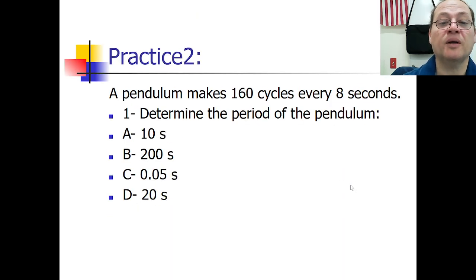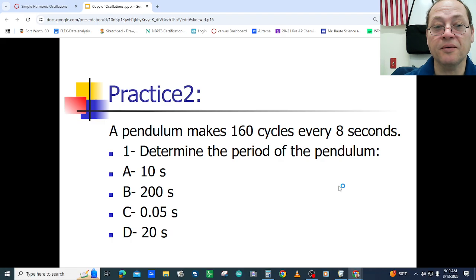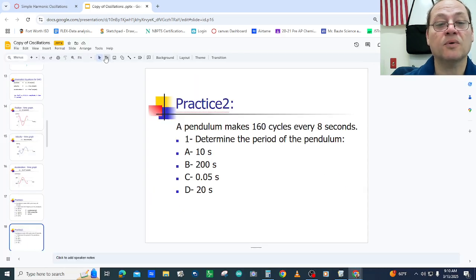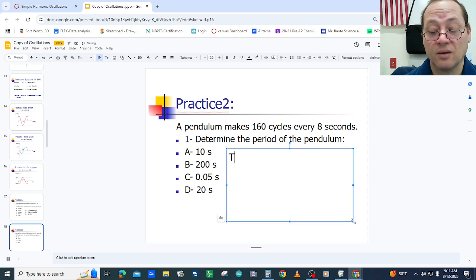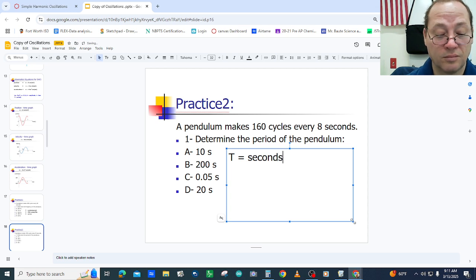Practice 2. A pendulum makes 160 cycles every 8 seconds. Determine the period of the pendulum. All you need to do is apply the concept. Period is seconds per cycle. How many seconds it takes to make a cycle.